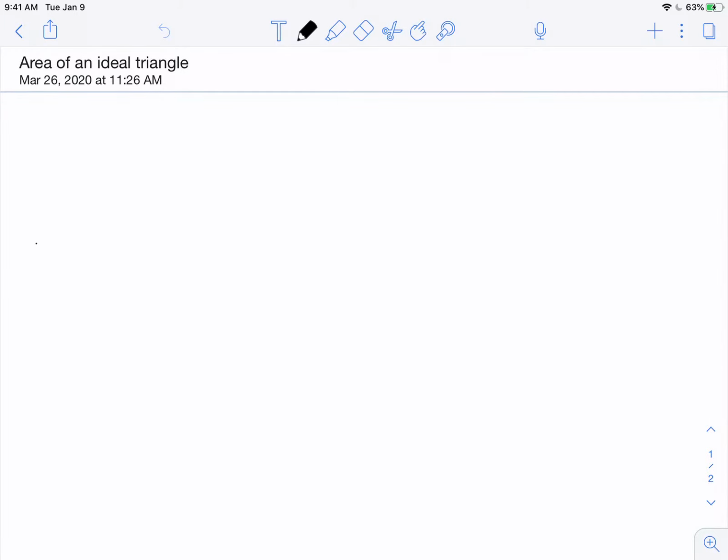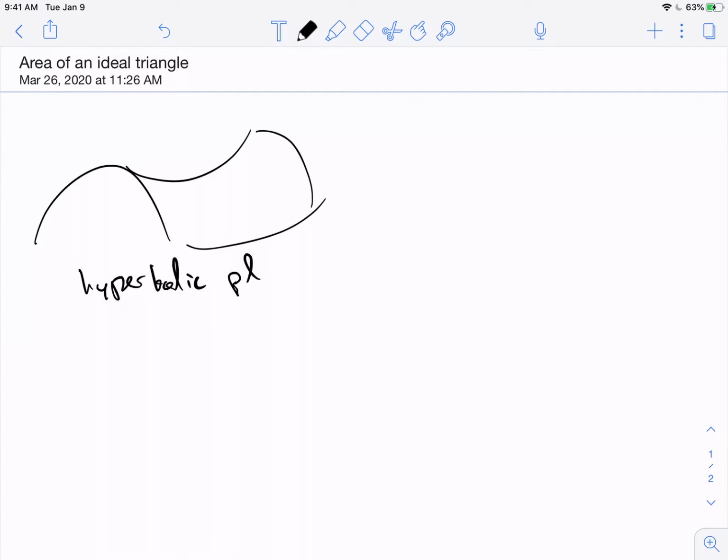All right, so I've got some hyperbolic space. I'm just drawing a piece of it. So this is the hyperbolic plane. And remember, there's many of them depending on how curved they are. So let's say this is the one of radius rho. And what does that mean?